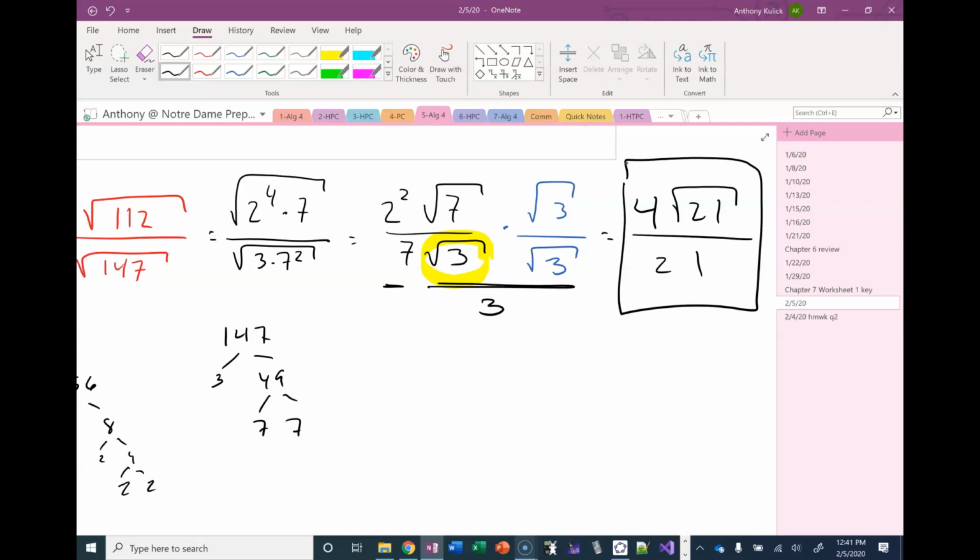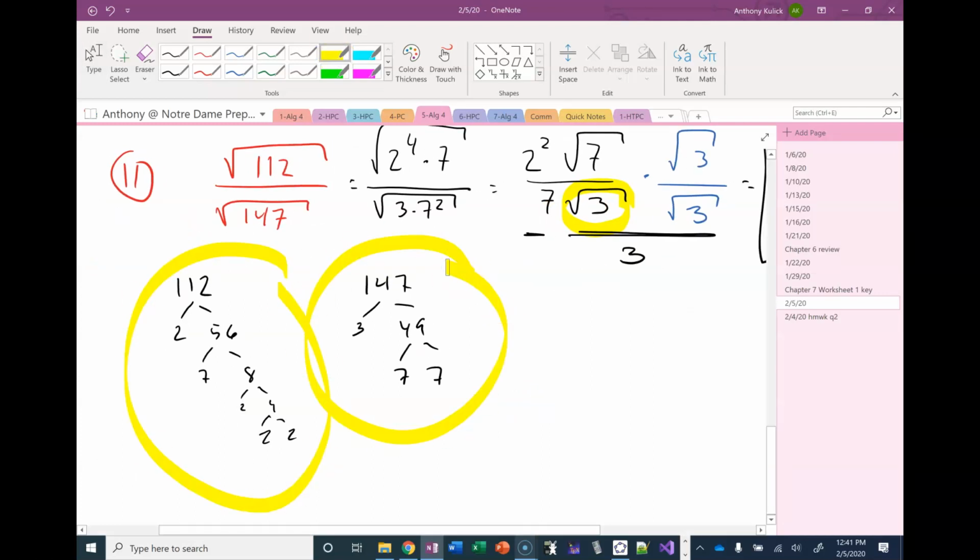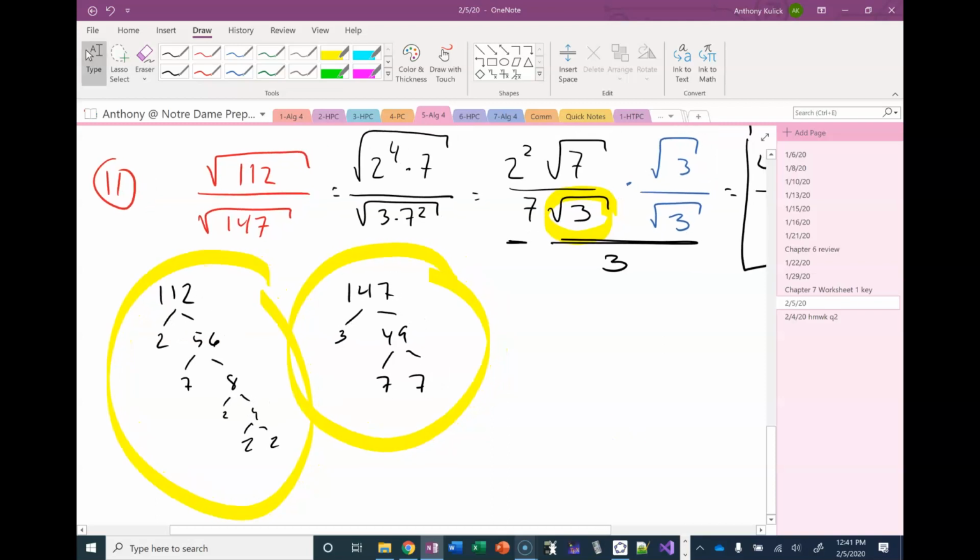Henry? Can you explain how you got the 2 to the 4th times the 7 over 3 times 7? My prime factorizations for those numbers are right here. So how do you find out that's 2 to the 4th times 7? If I look at my primes, I have 1, 2, 3, 4 2's, and then a 7.